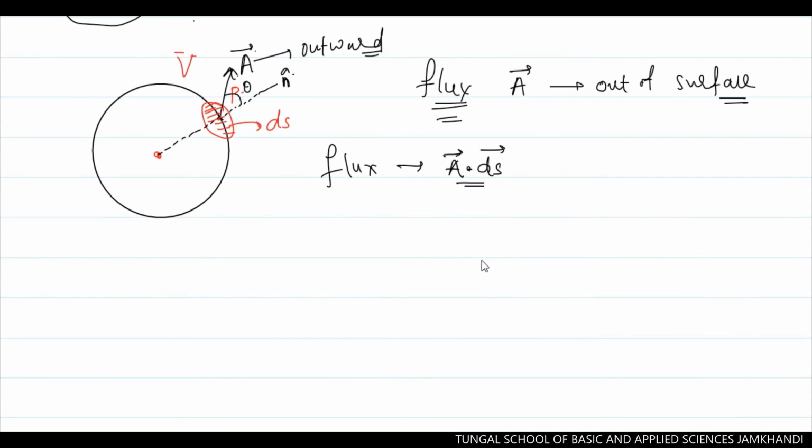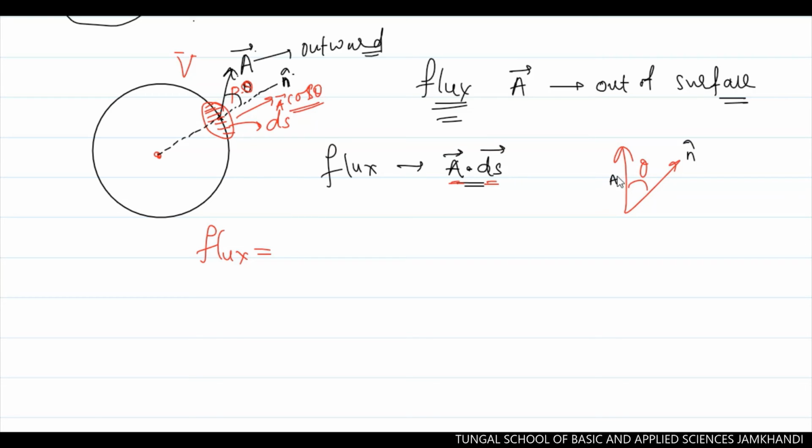So here the dot product means that the physical quantity is in the direction of the surface normal. Hence the flux is defined with the component of A along this normal, which is A cos theta, because the normal is in this direction and the vector is in that direction. The flux will always be defined along the normal of that surface.